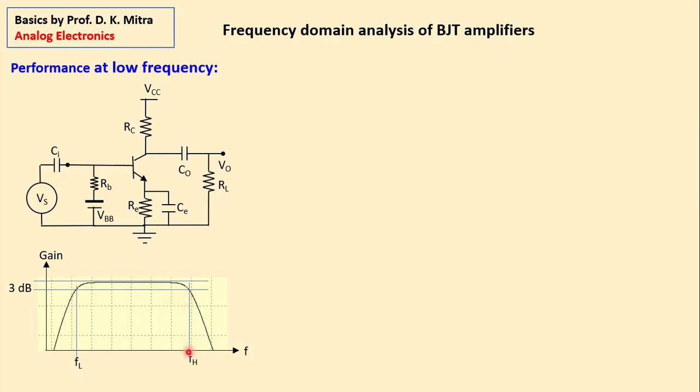And for practical purposes, the working frequency range is taken to be from FL to FH, right? And by your arithmetic, you should remember that 3 dB drop means the gain becomes midpoint gain divided by √2. If the midpoint gain is 100 and that is divided by √2, that gain is the minus 3 dB gain.